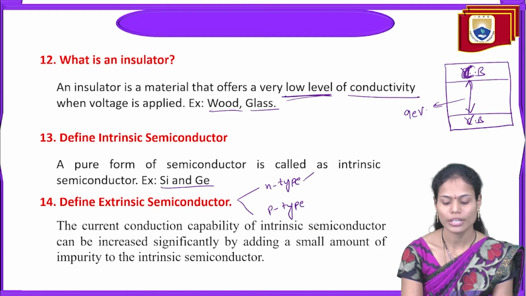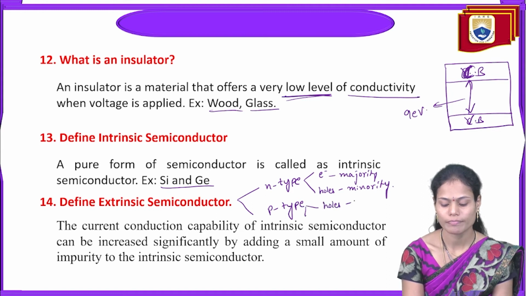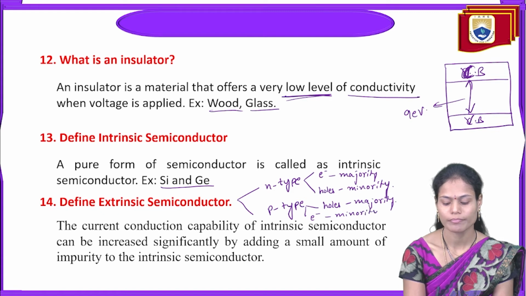In N-type semiconductor materials, electrons are the majority carriers and holes are the minority carriers. Similarly, in P-type material, holes are the majority carriers and electrons are the minority carriers.